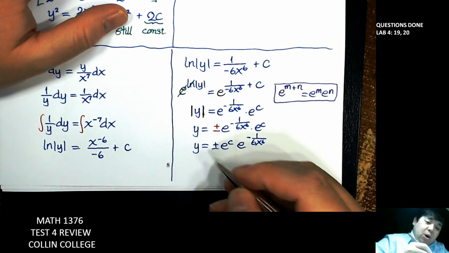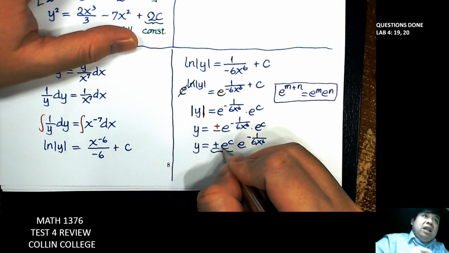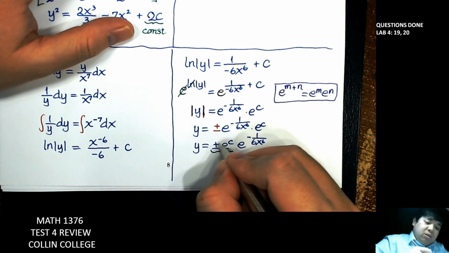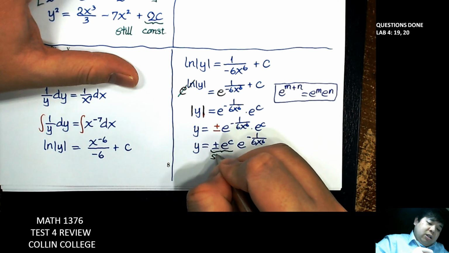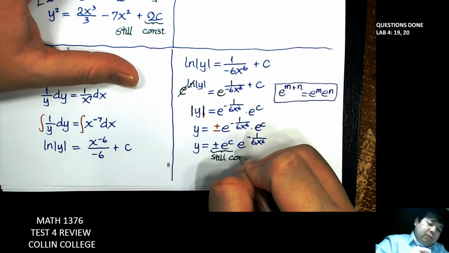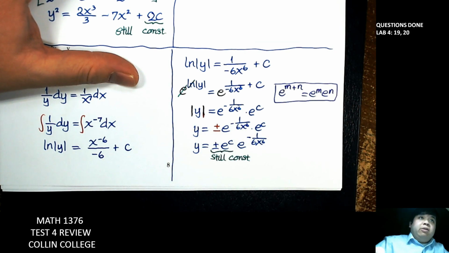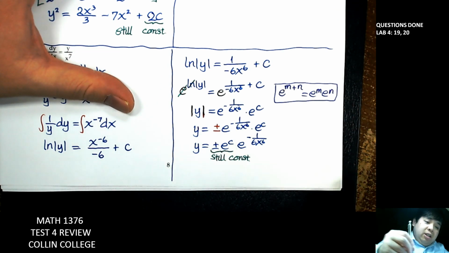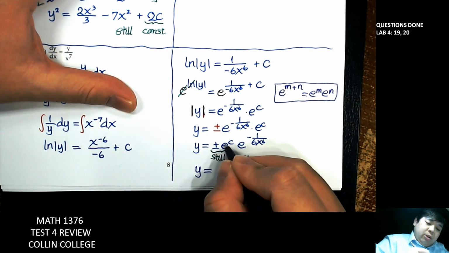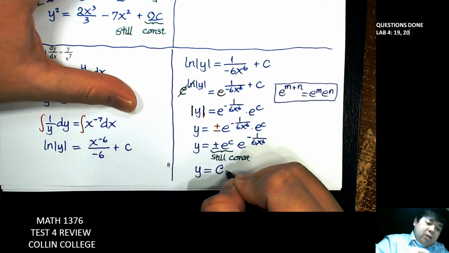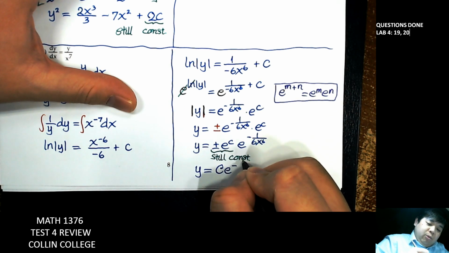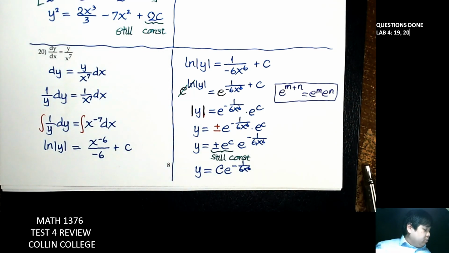Right. Next, all of this, e is a constant, c is a constant, plus or minus is still a constant. Because of that, we just need to write y equal to a constant times e to the -1 over 6x to the 6. So that's just a constant.